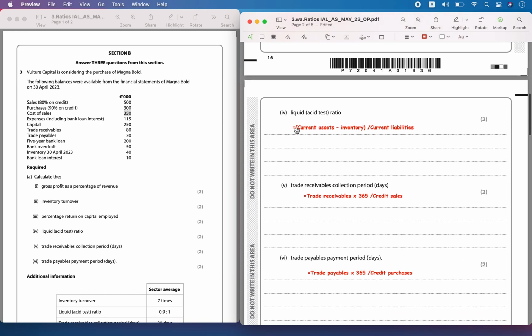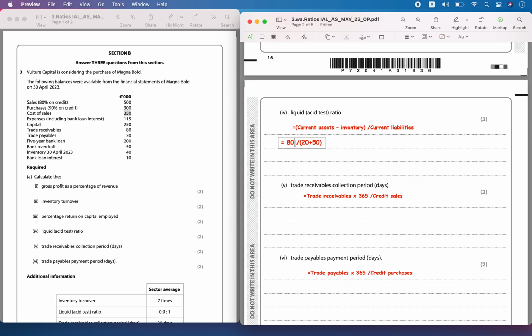Next one is the liquid ratio. Liquid ratio is current assets minus inventory, divided by current liabilities. So let's calculate that. The current assets excluding inventory are the trade receivables, so 80, divided by current liabilities. The current liabilities are the trade payables and the bank overdraft, so 20 plus 50.